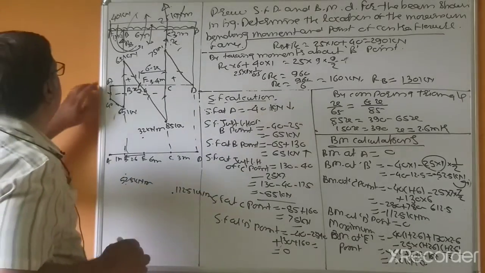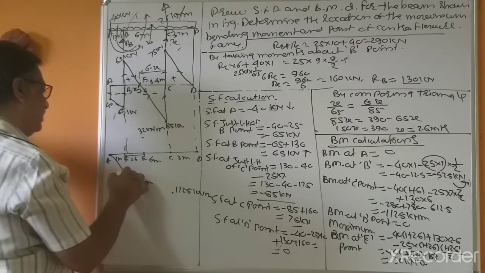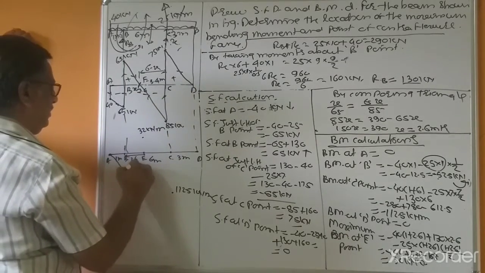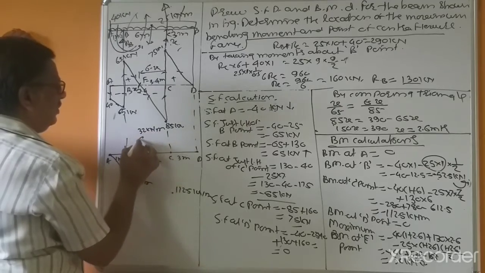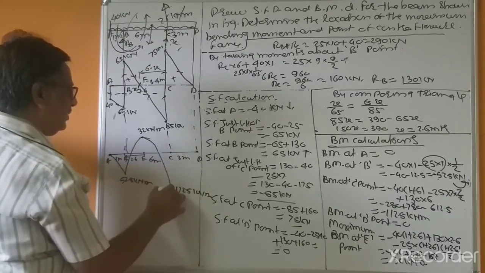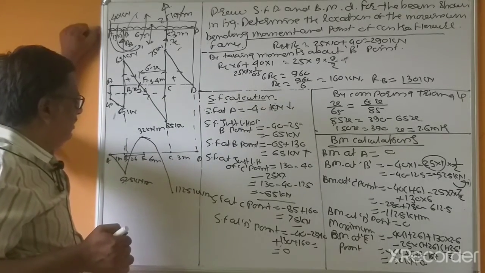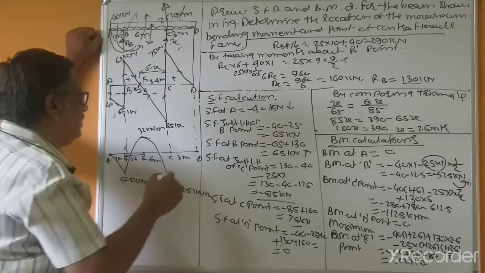Now this is a uniform distributed load, so such a type of curve forms at C point, 112.5, and up to that.